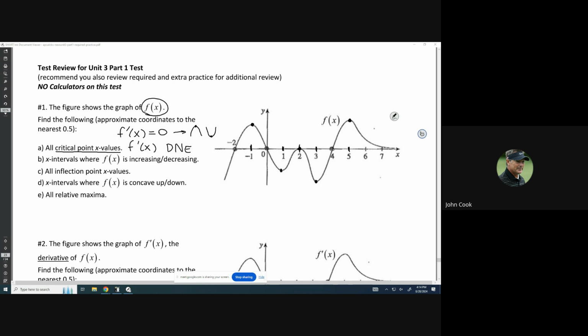All of those would be my critical values for x. So I say x is equal to -1, 1, 2, 3, and 5. Those would be the critical numbers for that one.